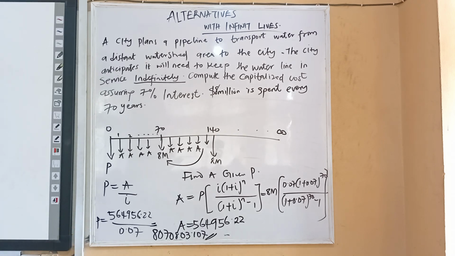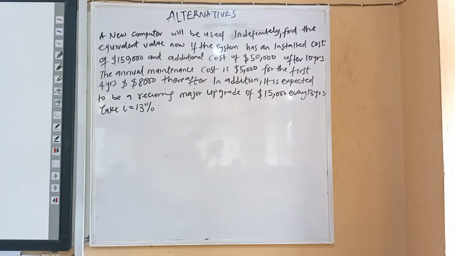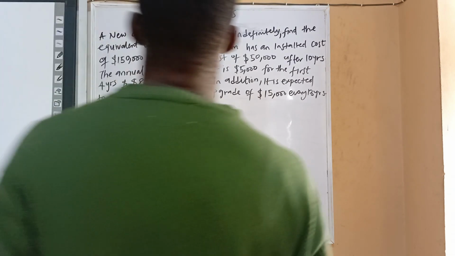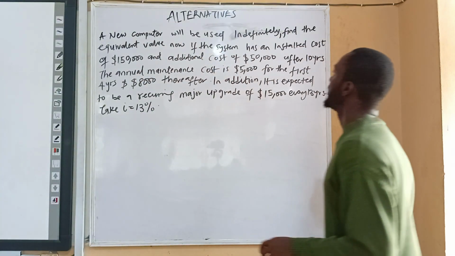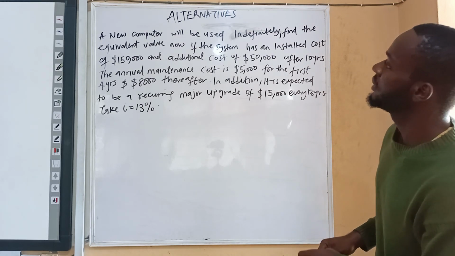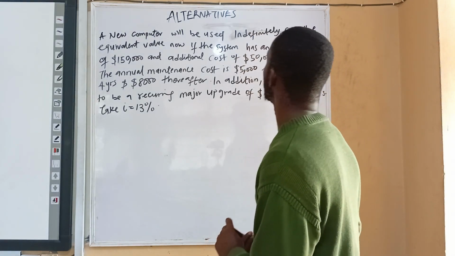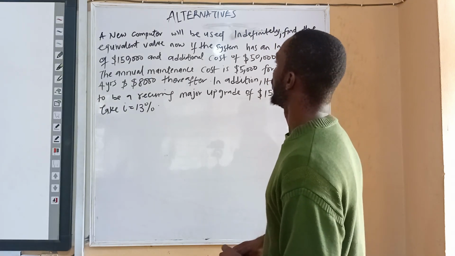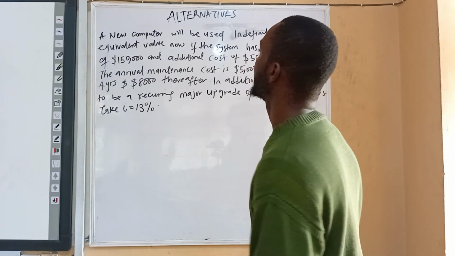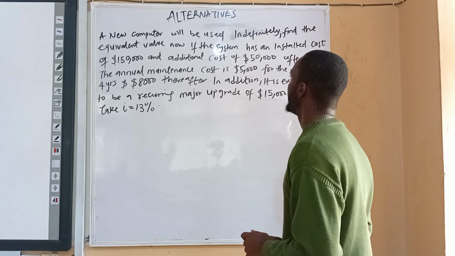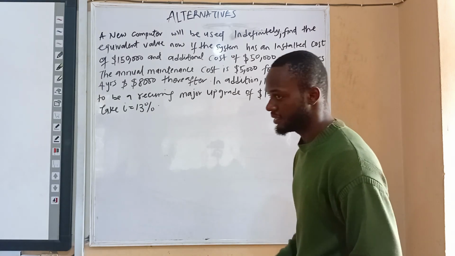Let me write the last question. A new computer system will be used indefinitely. Find the equivalent value now if the system has an install cost of $150,000 and an additional cost of $50,000 after 10 years.